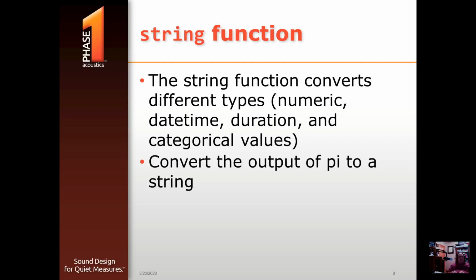So the string function converts different types or different classes of data, say numeric, date, time, duration, and categorical values, to strings. An example, I'll just show a conversion of the output of pi. So pi is the MATLAB constant, converted to a string.